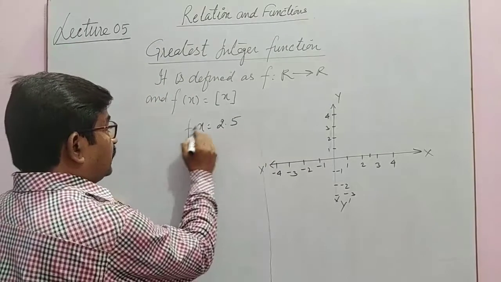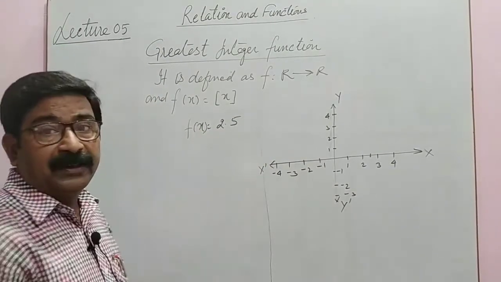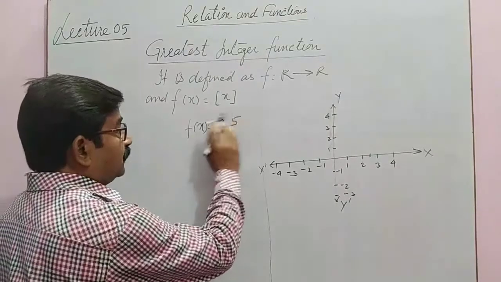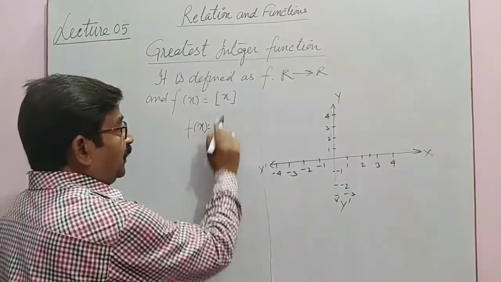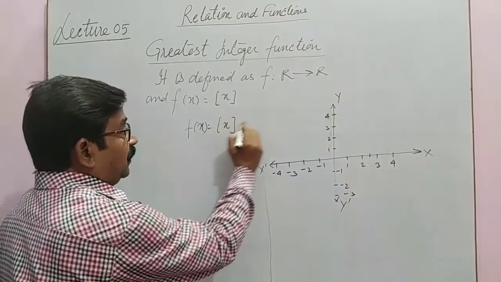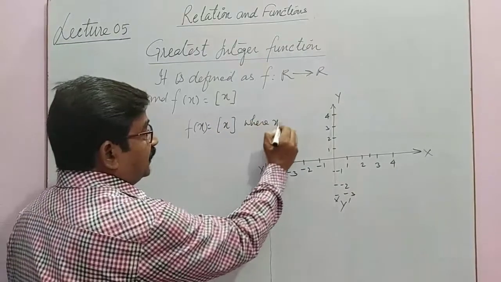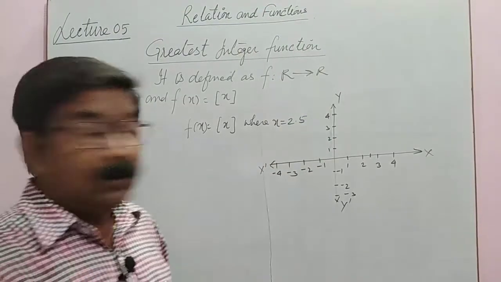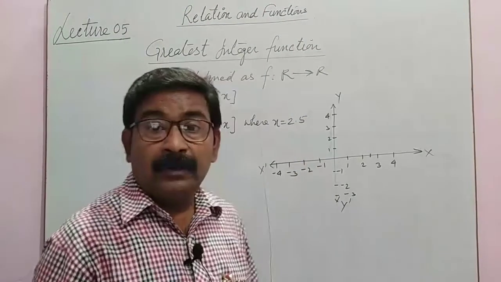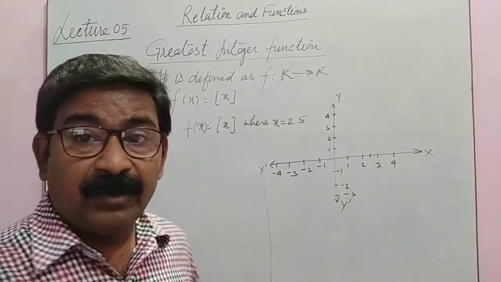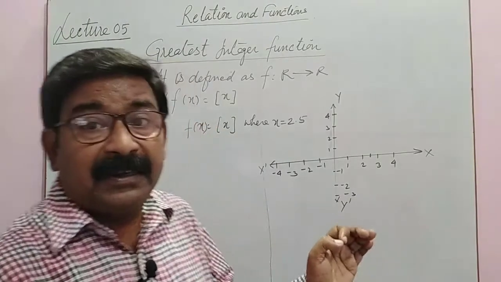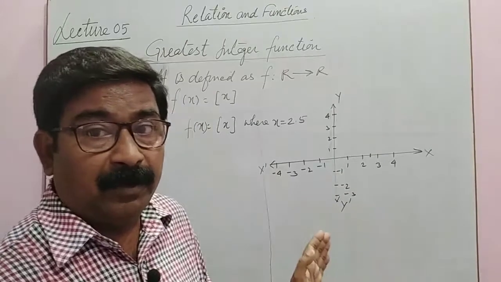Suppose f(x) is equal to the greatest integer of x, where x is equal to 2.5. This is the domain. Then what is its range? I told you, the integer obtained just to the left of this particular number.